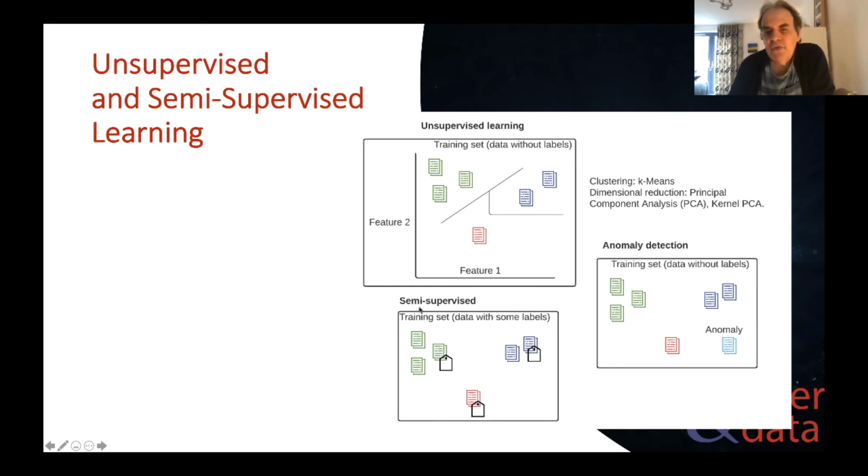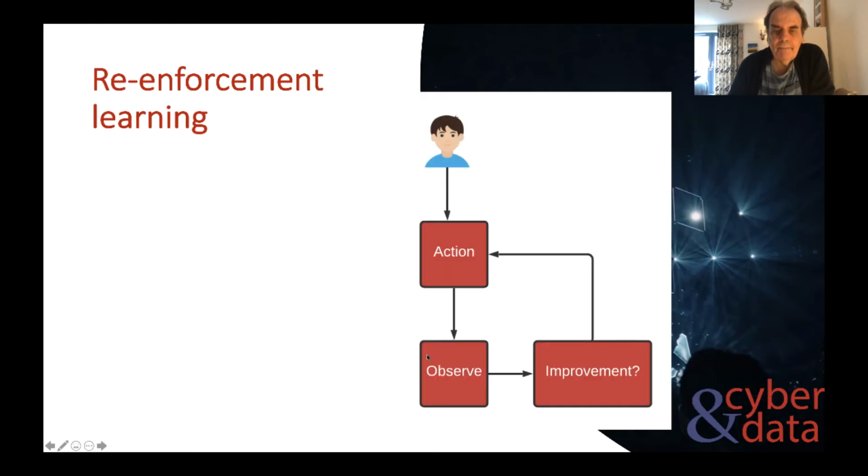And then we can use semi-supervised learning, and that's where some of the data has been tagged and other data is not. And then we get reinforcement learning, where the machine can take an action, observe, and then try to improve or not. In this case, it will assess whether it's been more successful or less successful, and then change the action based on that.